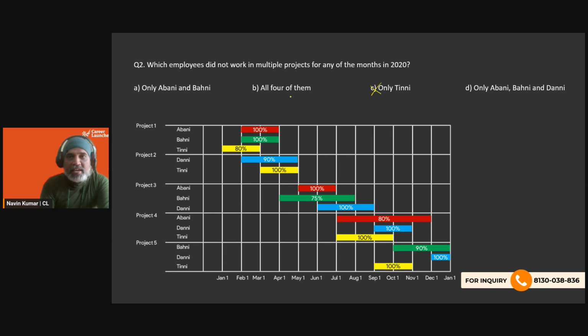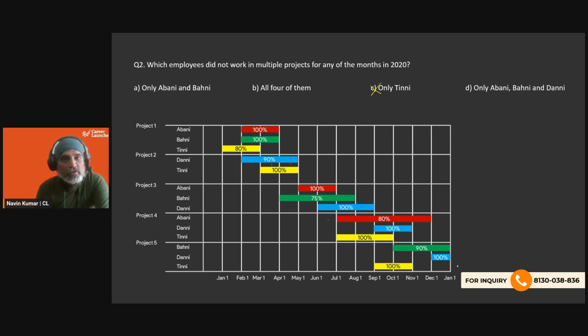Now, if you look at options A, B, and D, Abani and Bahani are both present in all 3, so it would be a waste of time to check for B. Let's check for D. D worked in February, March, April, and then June, July, August.